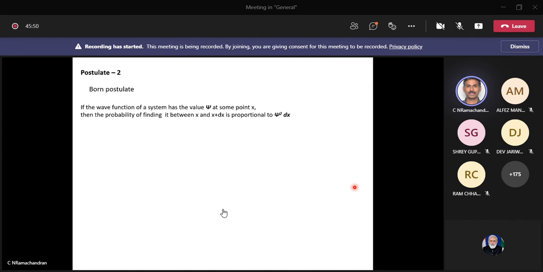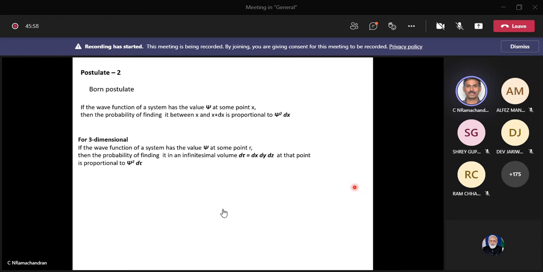That means, although psi has no value, if you take its square, that gives some very valuable information. For example, in one dimension it is psi square dx, but if you are taking three dimensions, you have to take dx, dy, dz, which we write as d tau, the volume element.